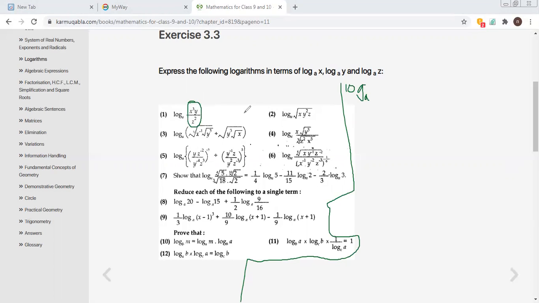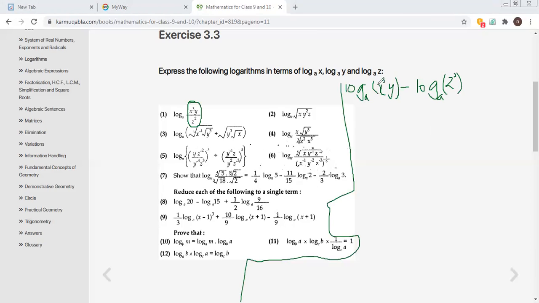We know that for fraction form, according to law number 2, log a minus log b, when the terms are in fraction form. Any confusion here, Aisha? No, miss. Okay, this is law number 2.